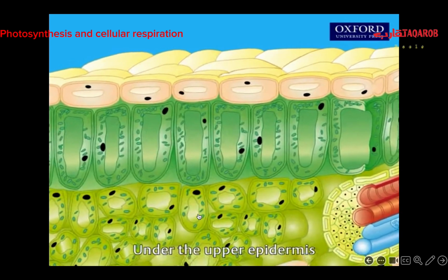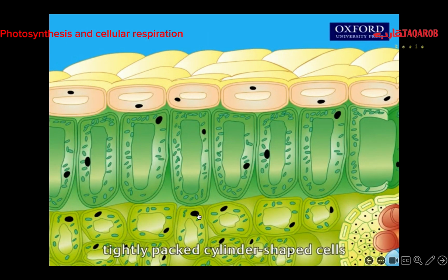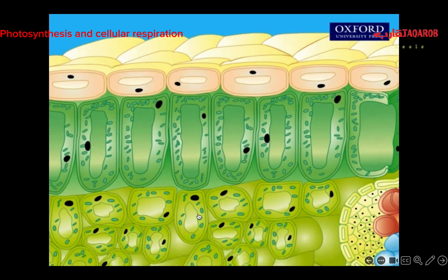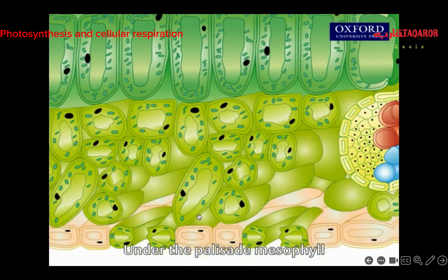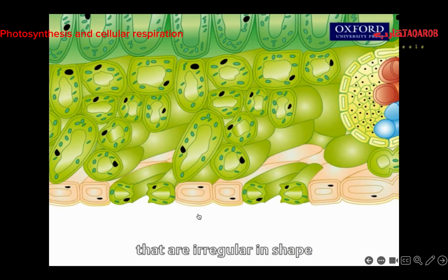Under the upper epidermis is the palisade mesophyll. It is made up of a few rows of tightly packed cylinder-shaped cells. These cells contain many chloroplasts where photosynthesis takes place. Under the palisade mesophyll is the spongy mesophyll. It is made up of cells that are irregular in shape.